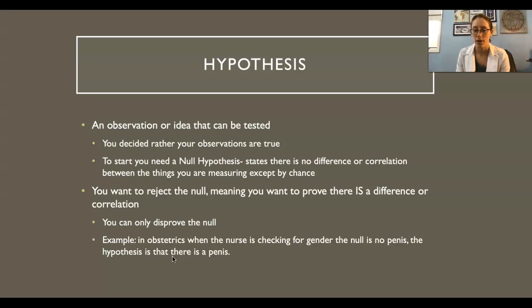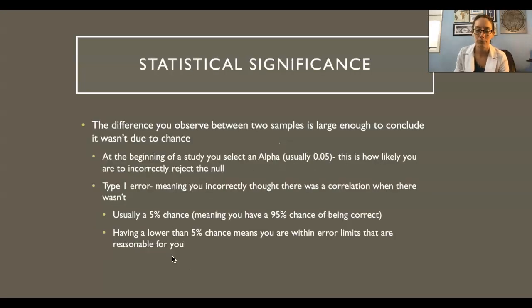If there is no penis, that's the null. The null doesn't necessarily mean there's a relationship there. It means that the null is just what it is. So if there isn't a penis, then it is a girl. So that's the null hypothesis. We reject the null when we find out the baby's a boy.